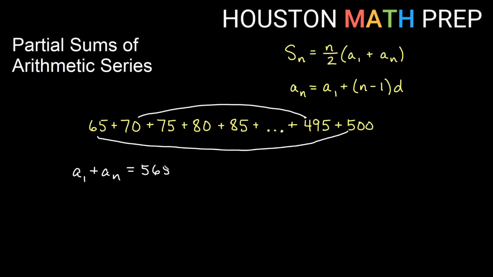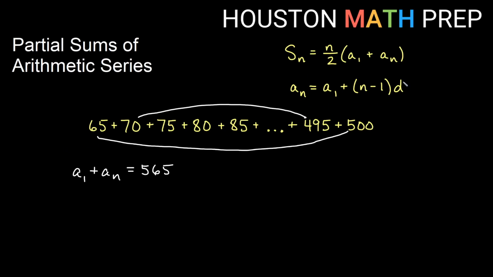That is the value of each pair. We need to figure out how many pairs, but first we need to figure out how many terms. We're counting by 5s, but we're not starting at 5. I would start by saying 5, 10, 15, 20, etc. So we need to figure out counting to 500 by 5s, but missing several terms at the beginning.